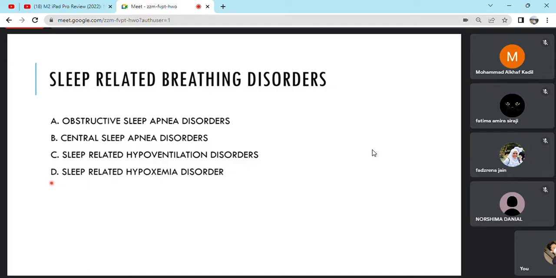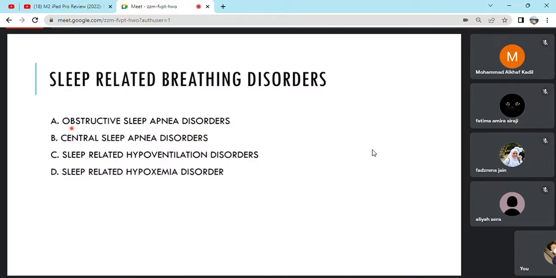So as you can see, you have a lot of disorders classified under sleep-related breathing disorder. And one is, again, as I said, obstructive sleep apnea disorders, which is actually the most common sleep-related breathing disorder. That's the reason why that is the thing that we will focus our lesson on.